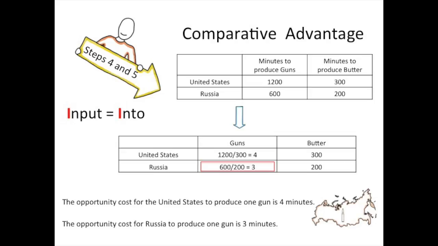In this case, Russia has comparative advantage. In order to produce 1 gun, Russia only has to give up 3 minutes of creating butter, where the United States has to give up 4 minutes of creating butter. Whereas in the output problem, America had the comparative advantage.